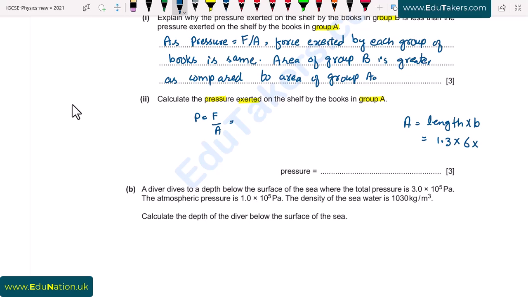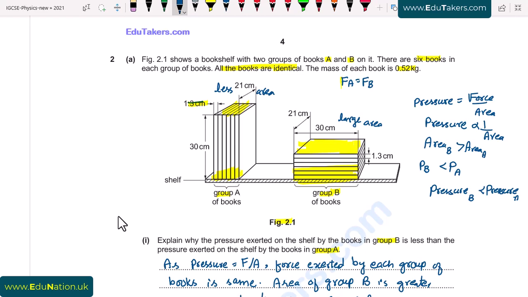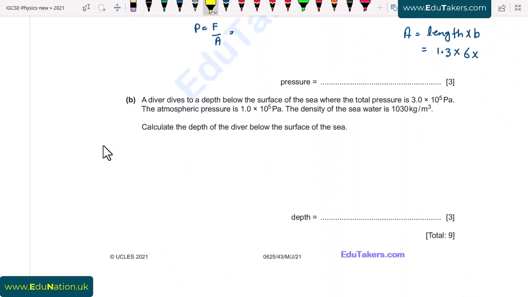So I multiply it with 6, and from this figure we can see that the width is 21 centimeter. So I multiply it with 21 centimeter. But we have to calculate the area in meters. For that, I multiply 1.3 with 10 to the power minus 2 to convert centimeter into meters, and then 21 into 10 to the power minus 2. This area comes in meter square.